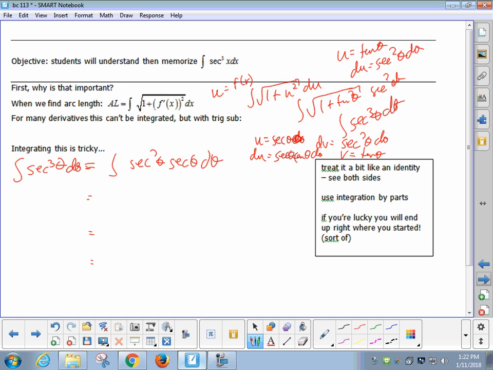Upon u-v voodoo, the integral is secant theta tangent theta minus the voodoo. What's the voodoo? Oh, tangent squared. Tangent squared, this is my favorite part, tangent squared secant. Okay?